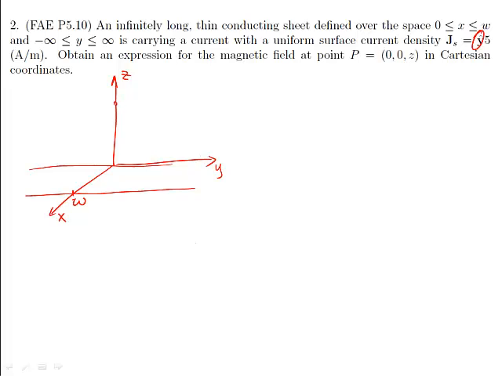We are interested in finding out the magnetic field at the point P, which is (0, 0, z) here. Okay, so this is where my current is distributed.